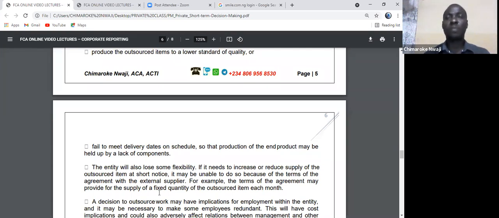But something could happen and they may want you to produce 70,000 that day. And you're supposed to give them enough notice, and you cannot do that because you have outsourced. But if it was to be in-house, you just tell everybody, all right, please stop production of all other things. Let's focus until we get this number we want. All right, so you lose some flexibility.